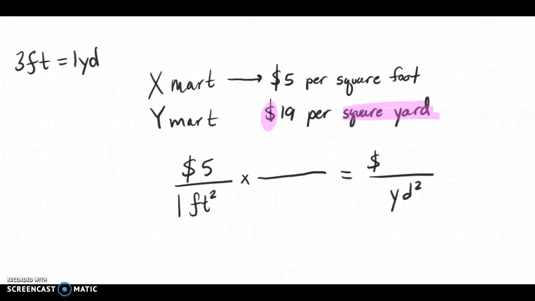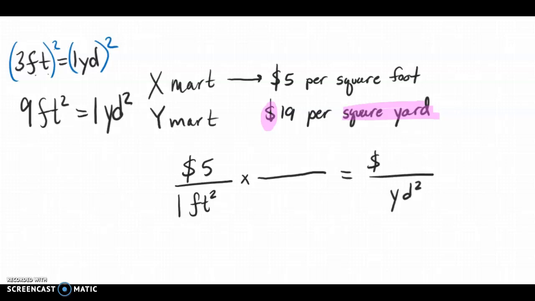So in order to do the conversion, I need to square my conversion factor. And so 3 squared is 9, and then feet squared would be feet squared. 1 squared, 1 times 1 is 1, and yards squared would look like this.